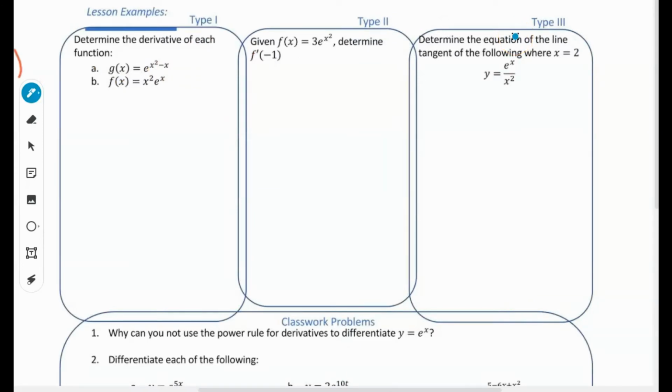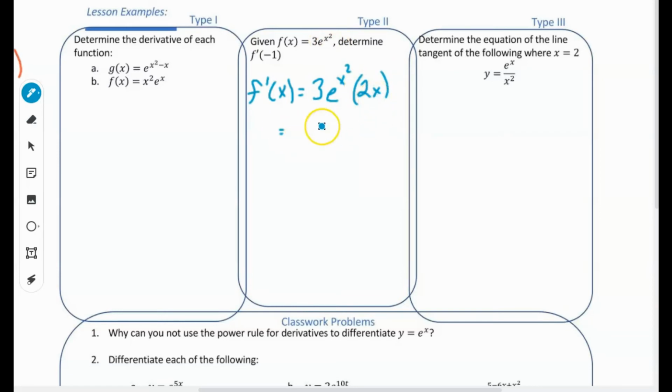So our second problem says, given f at x equals 3e to the x squared, determine f prime at -1. So let's first determine what that first derivative is, f prime at x. The derivative is just going to be 3 times e to the x squared, and then we have to multiply it by the derivative of this exponent, x squared. The derivative of x squared is 2x.